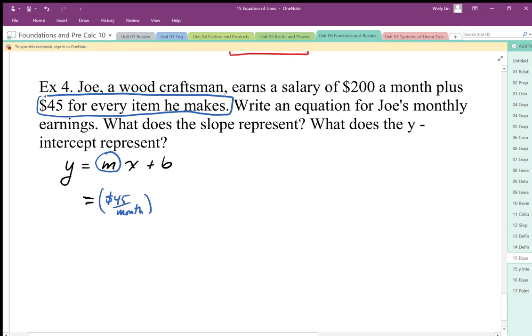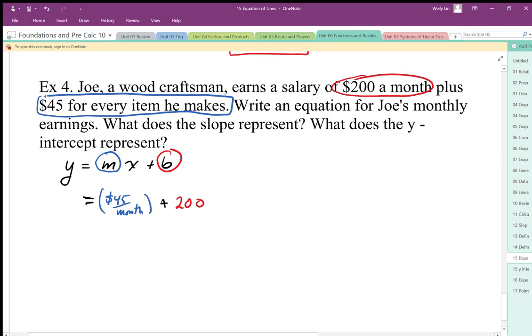The b value should be my starting amount. Okay, that should relate to the $200 that I'm going to make at the very beginning. And that's going to be my b.